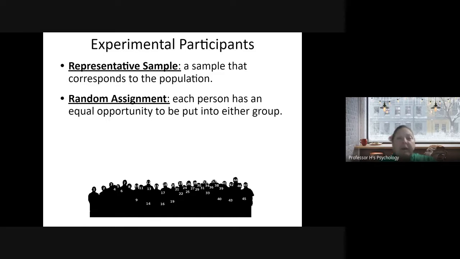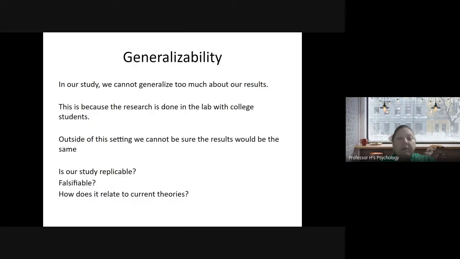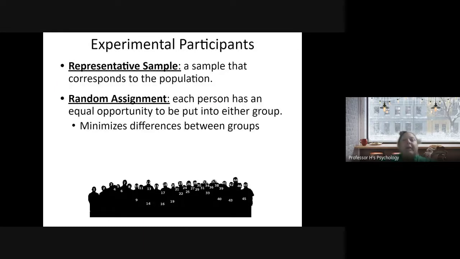Each person in this population is going to have an equal chance to either end up in the experimental group that's playing the violent video game, or the control group that is playing the non-violent game.